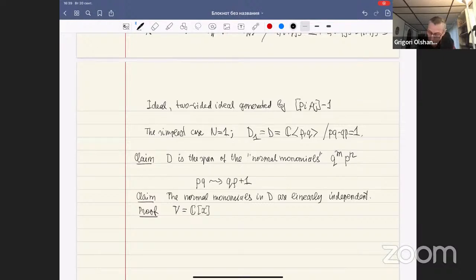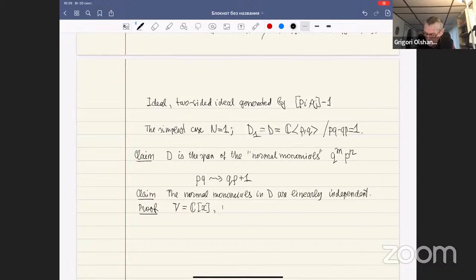And I want to define some representation of our algebra on the space of polynomials as follows.